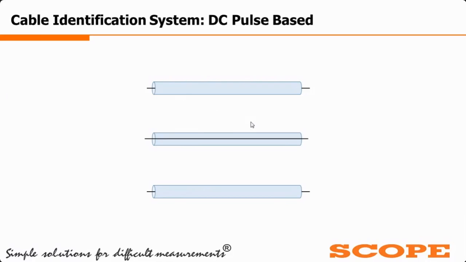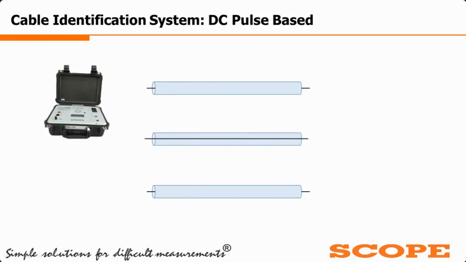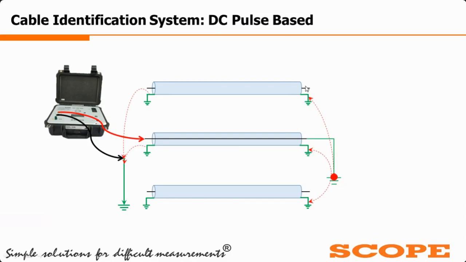So we have to connect a cable identification transmitter at one end of the cable. We connect this red terminal to one of the cores, and we ground the same core at the other end, so that the current will travel through this core only and return through the earth path and the other armor of the cable. So the forward direction current will flow in the wanted cable, and in other cables the current will flow in reverse direction.